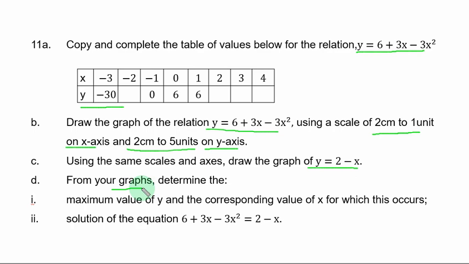Roman figure 2, the solution of the equation 6 plus 3s minus 3s cubed equal to 2 minus s. That is, the points of intersection of the curve and the line, traced to the x-axis, give the solution to the equation.